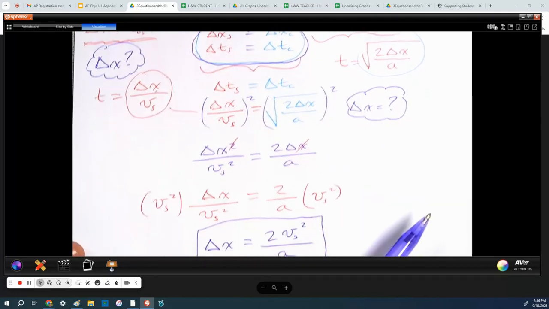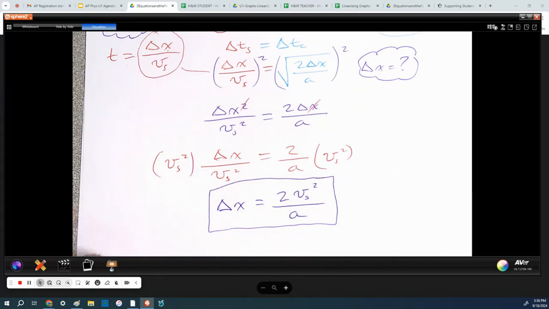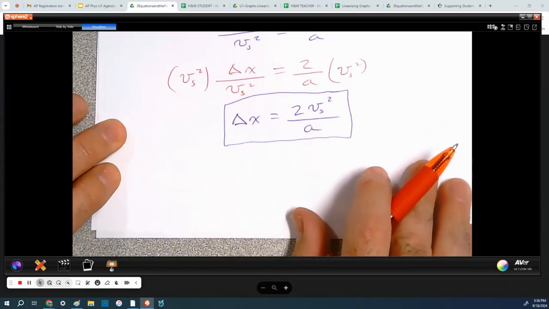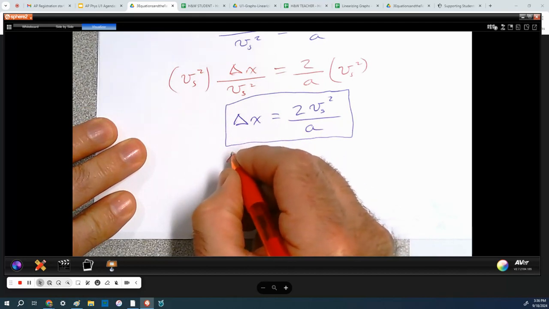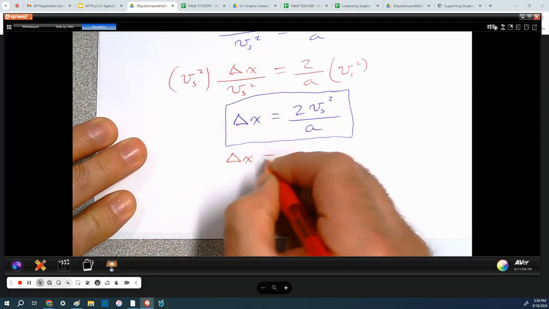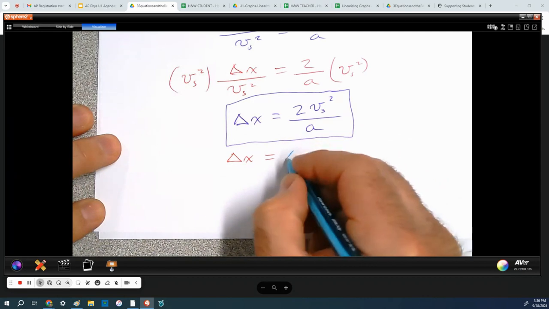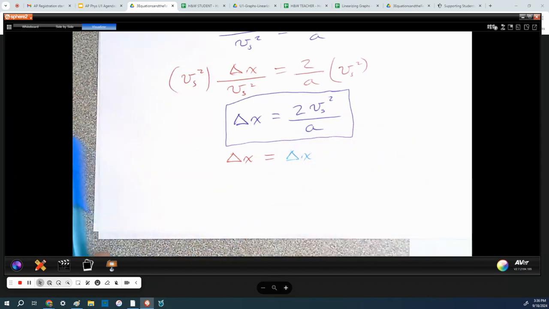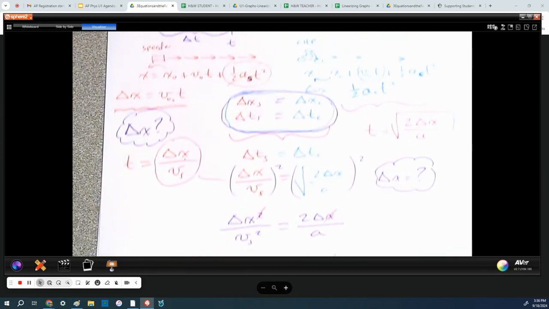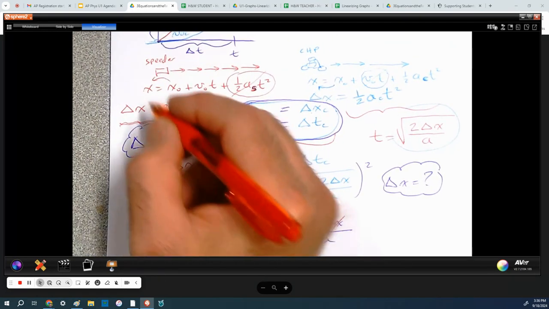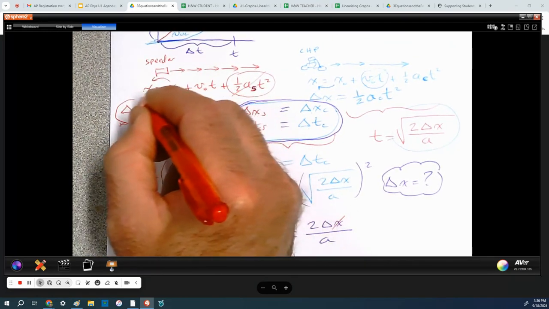So the way you would do that is you would say the same thing. You would say that the delta x is equal to the delta x. And then you would write from your original equation, what is my delta x? It's just v times t.